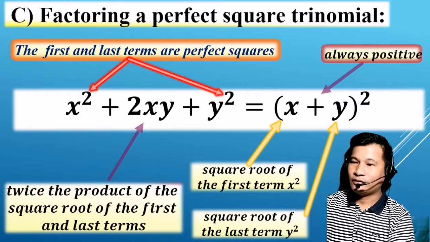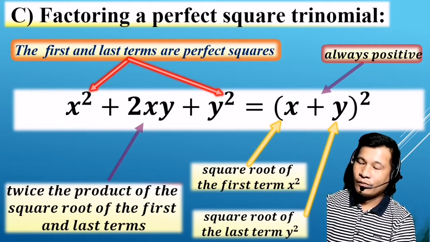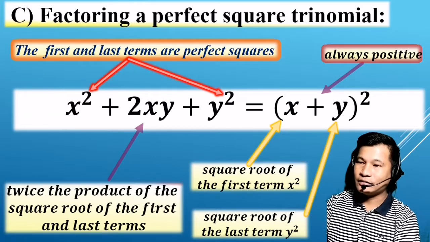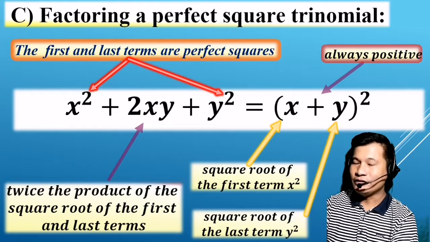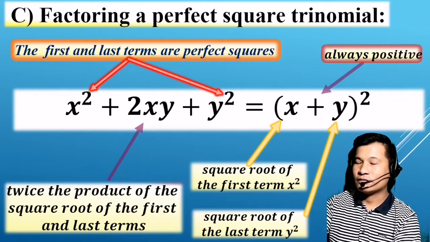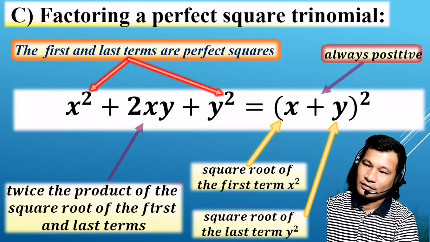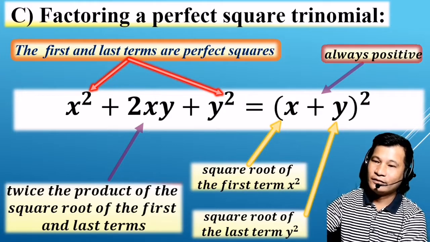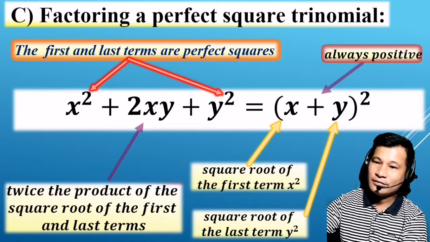and then we write the factors as x plus y and x plus y. So put in mind that the sign between the two binomials is always positive, since the sign of our middle term 2xy is positive.